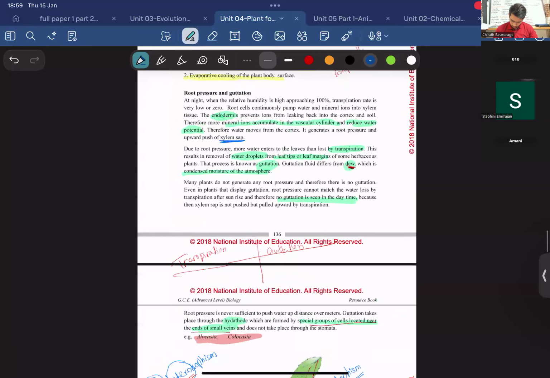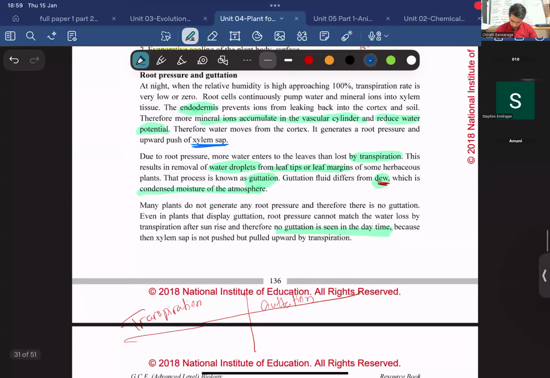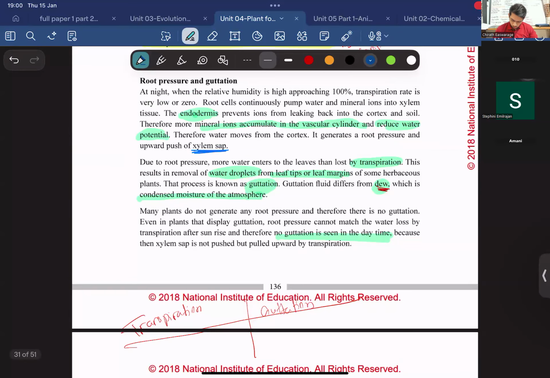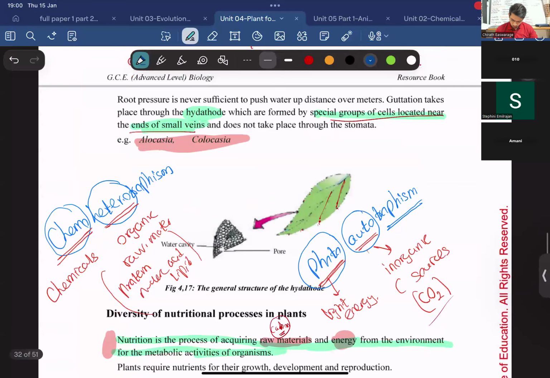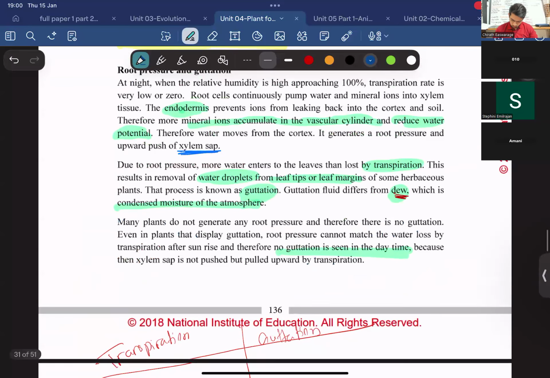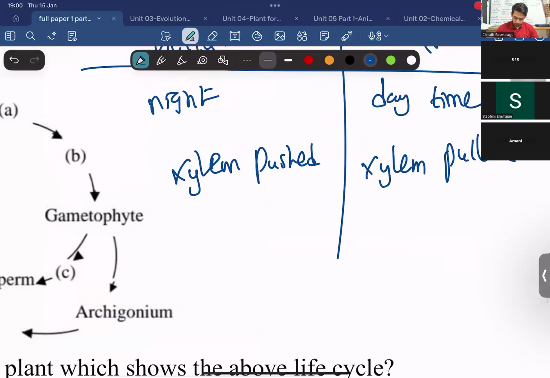Guttation is not seen in the daytime. The other thing is, you have to say guttation fluid contains water and minerals both.